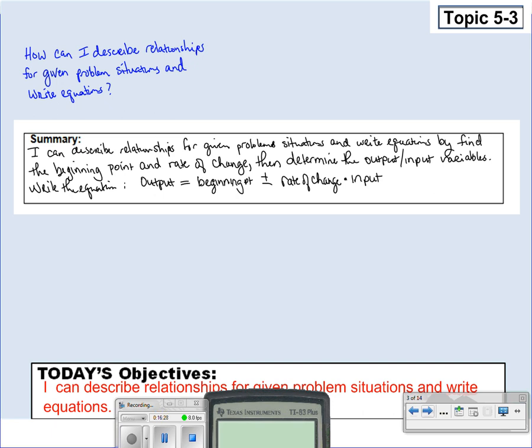So our output is equal to the beginning point plus or minus the rate of change times the input. And I'm going to go ahead and put the input in parentheses to know that's what we're inputting.